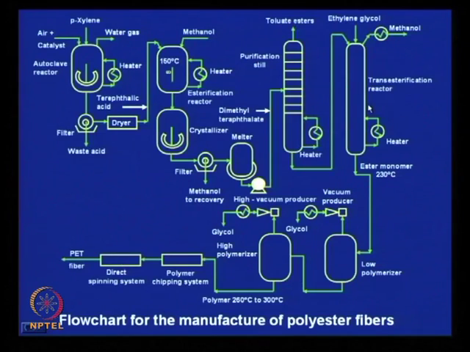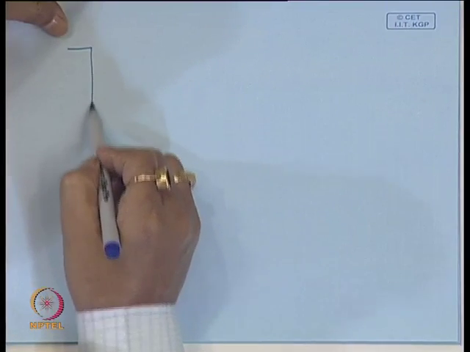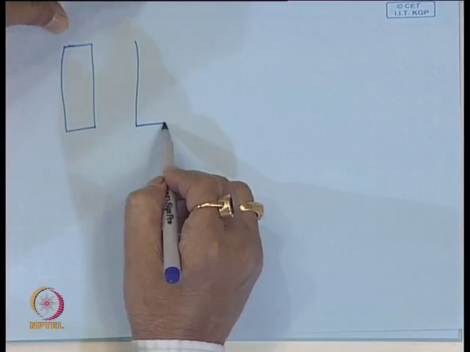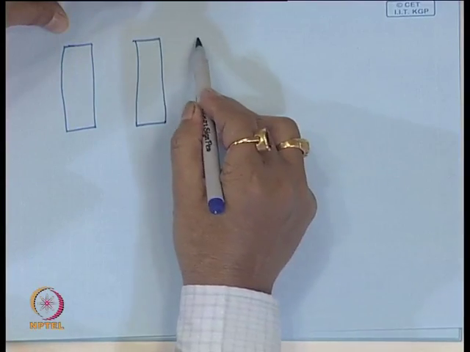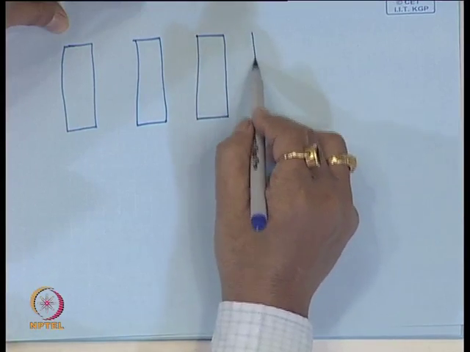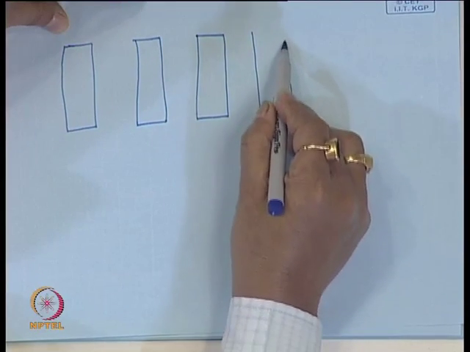So, in that polyesterification stage, there may be more than 3 or 4 reactors.